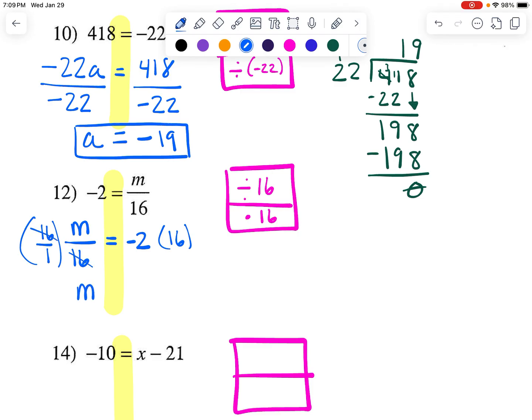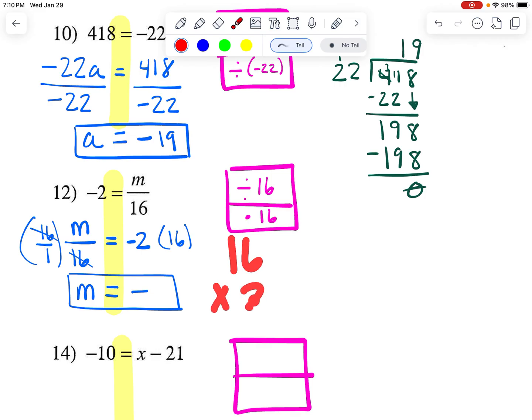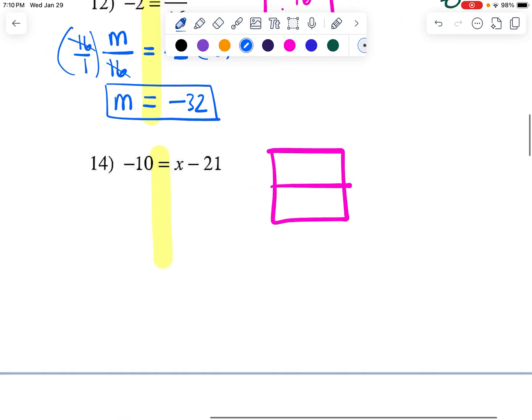So that's how we get 1M. And a negative times a positive is a negative. And again, do a little side calculation if you need to figure out 16 times 2. But I know it already. It'll be negative 32.